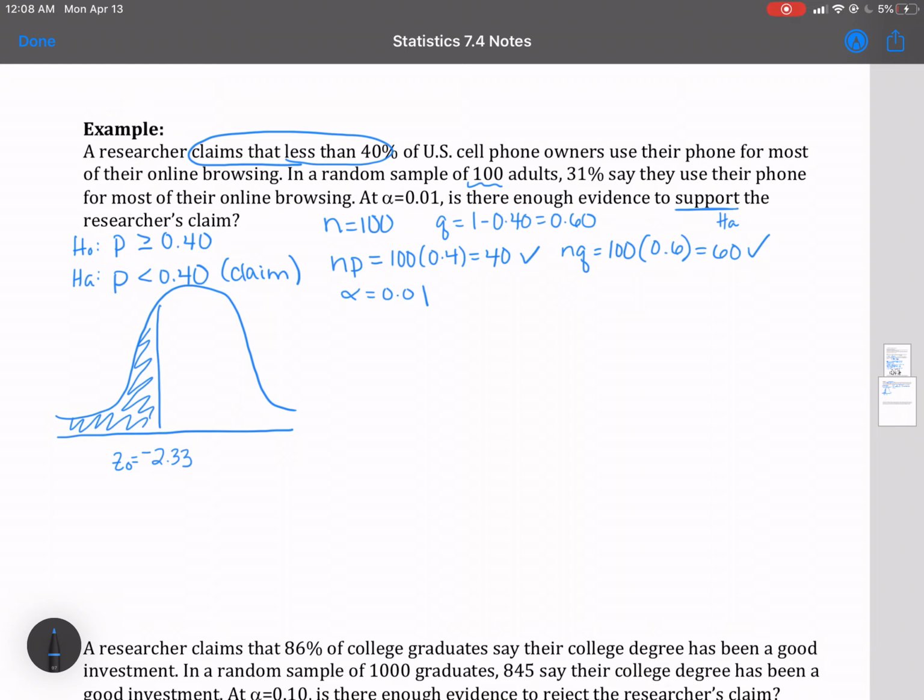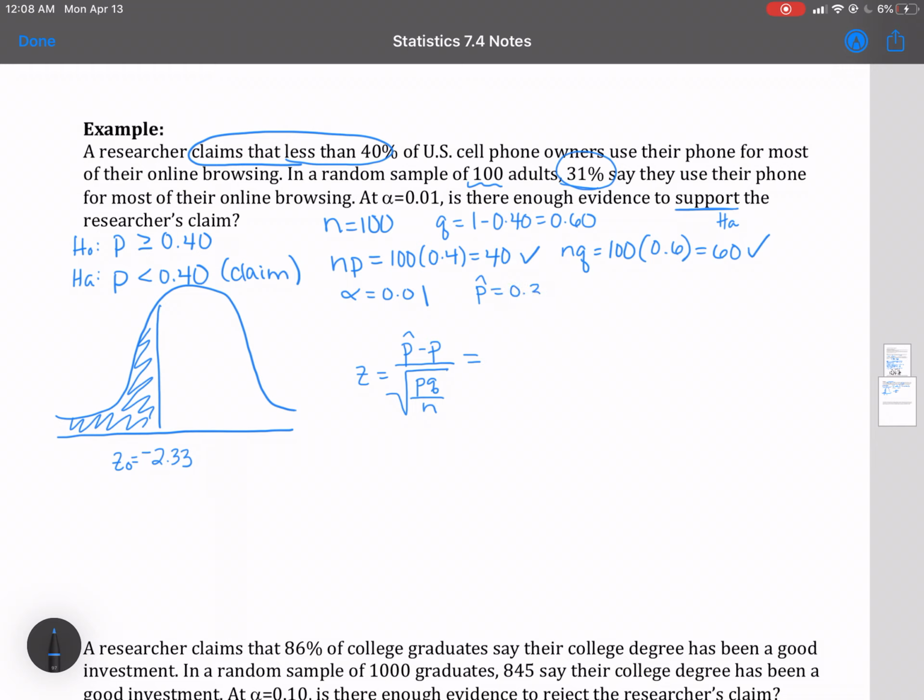And then we're going to find our test statistic. So z equals, I'm going to rewrite that formula, p hat minus p divided by the square root of p times q divided by n. So p hat is the one thing we haven't actually stated, and that's our 31%.